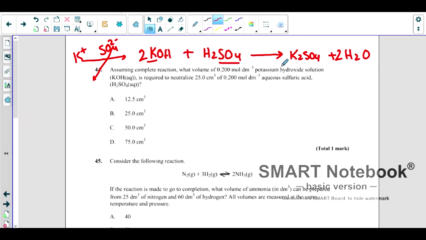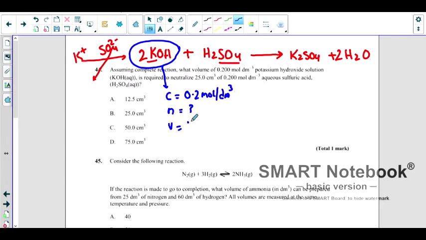Okay, now you see here you want to find the volume of this base. We are interested in the volume of this base, but what we are given is only the concentration, which is 0.2 mole per decimeter cube. We have not got the number of moles, so volume we cannot calculate.